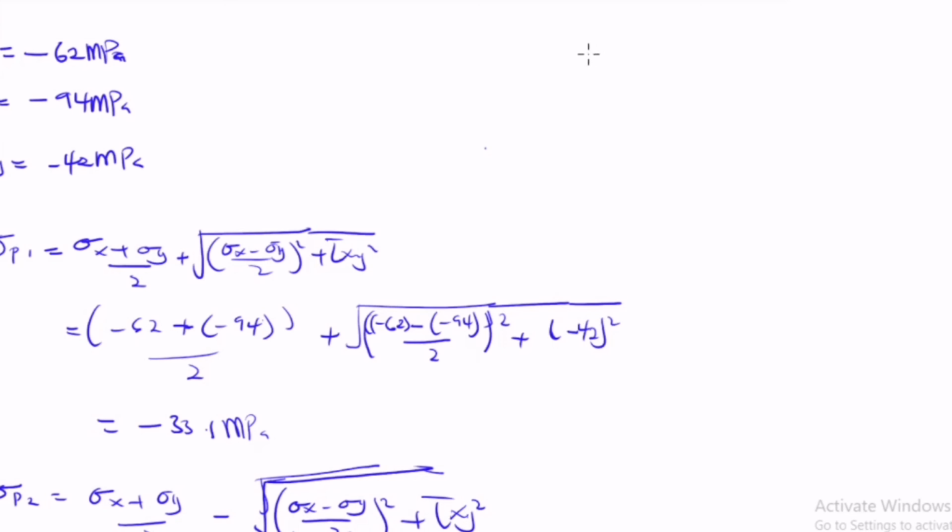So the maximum in-plane shear stress, which is tau max, the formula that you're going to have is plus or minus the square root of sigma x minus sigma y, all over 2, all squared, then plus tau xy squared.